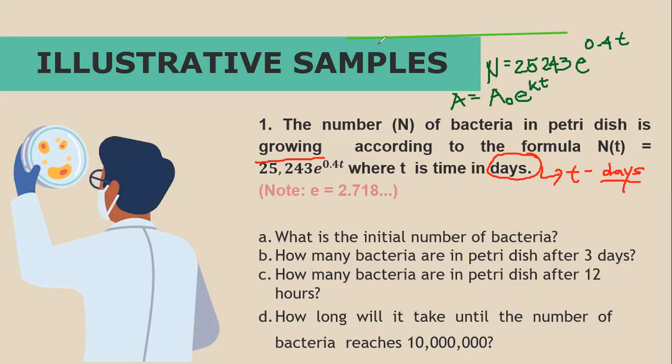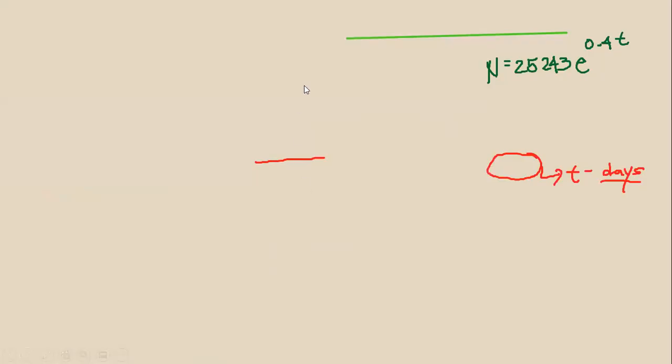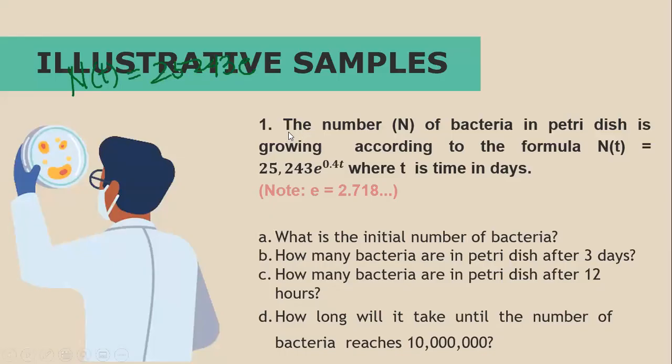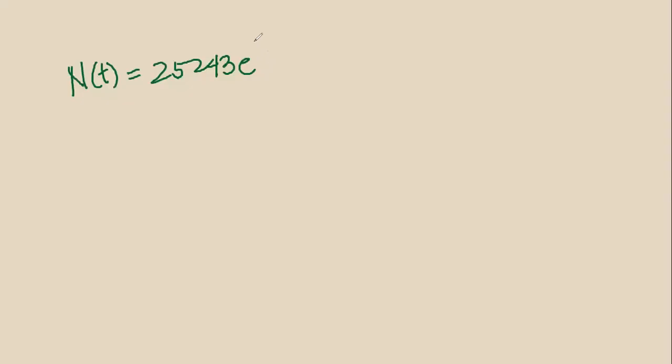Okay? So, let us write the equation. So, meron tayong n of t is equal to 25,243 e raised to 0.4 t.